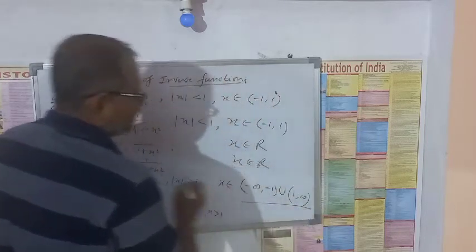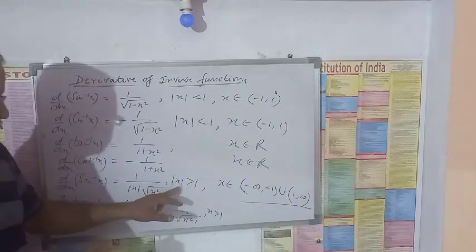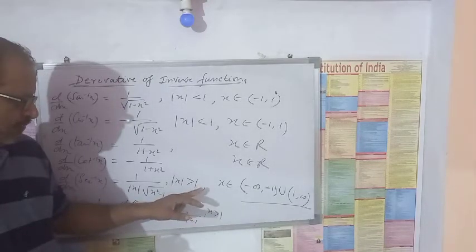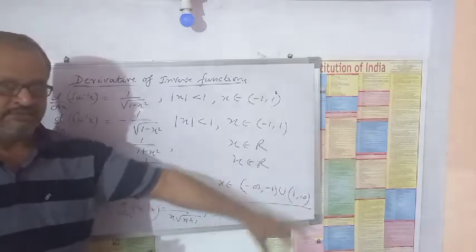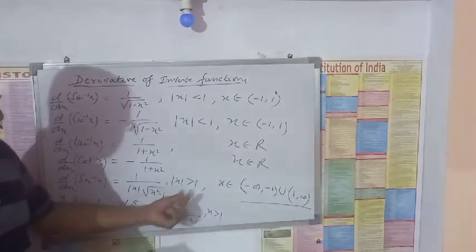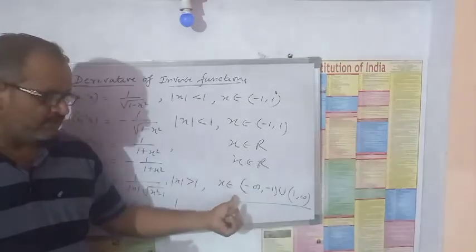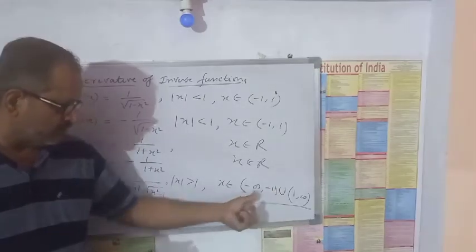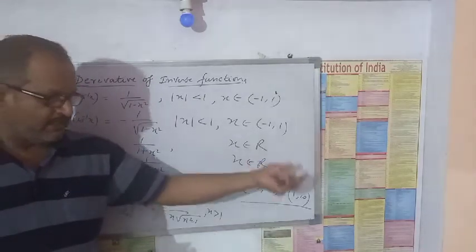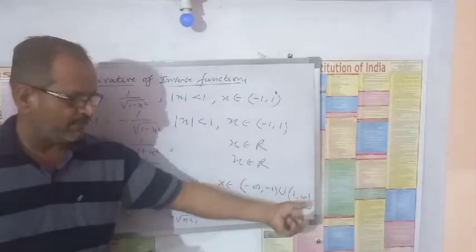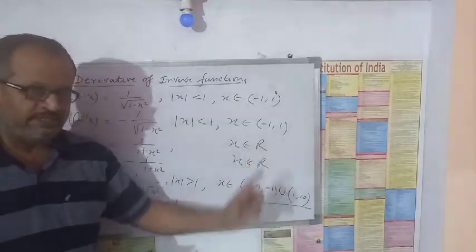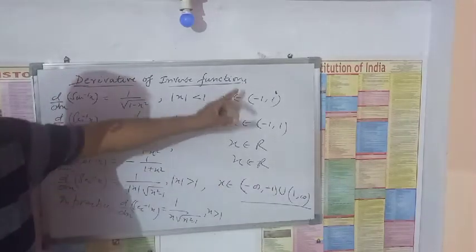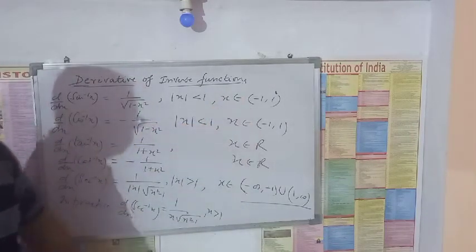This is the meaning of mod of x greater than 1, meaning x is less than minus 1 or greater than 1. Less than minus 1 means from minus 1 to minus infinity, and greater than 1 means 1 to infinity. The interval minus 1 to 1 is not included here. So these are the domains of differentiability.